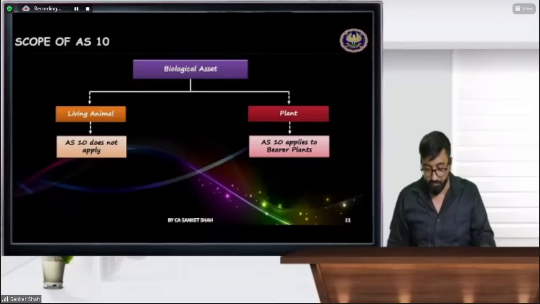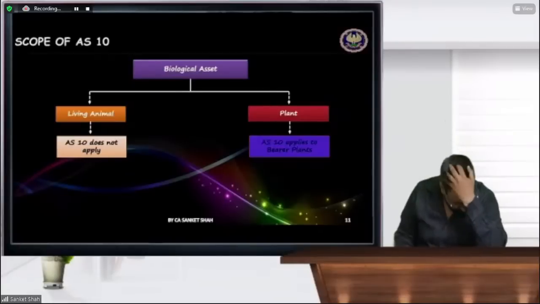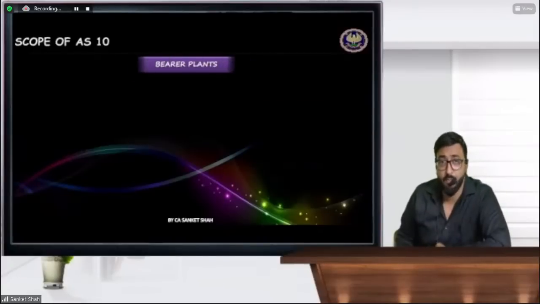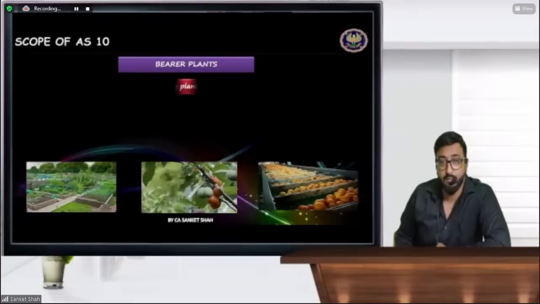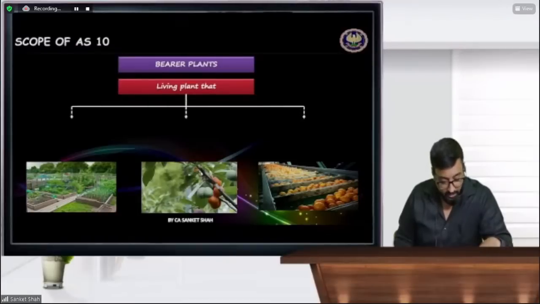Okay. Now what is bearer plant? That we are going to see now. So sir, bearer plant is nothing but, yes, bearer plant. See, you can see here, bearer plant is a living plant. थोड़ा टेक्निकल हो जाएगा.